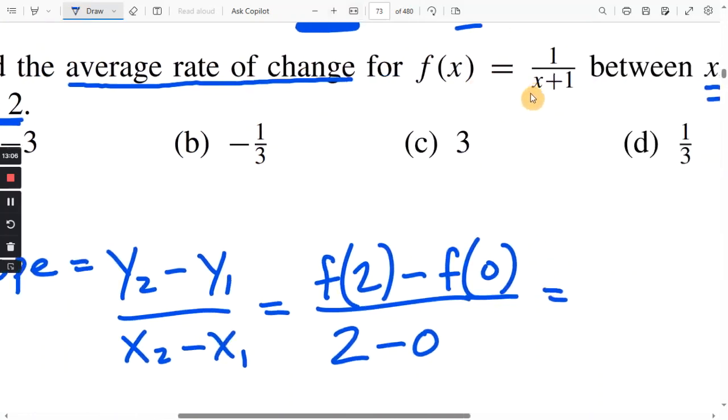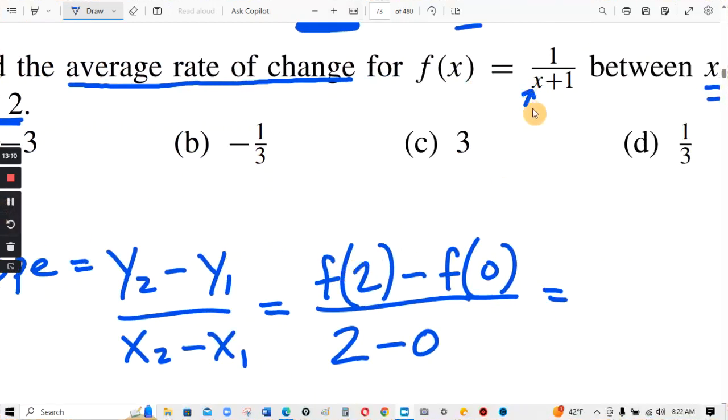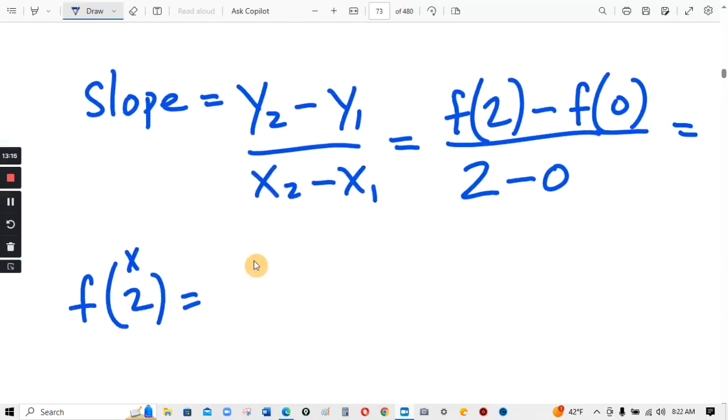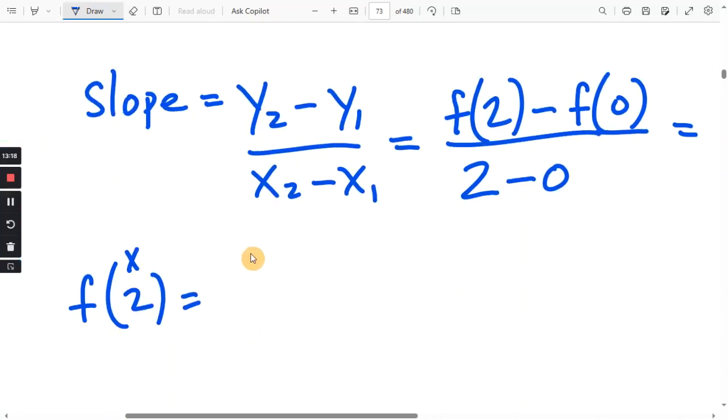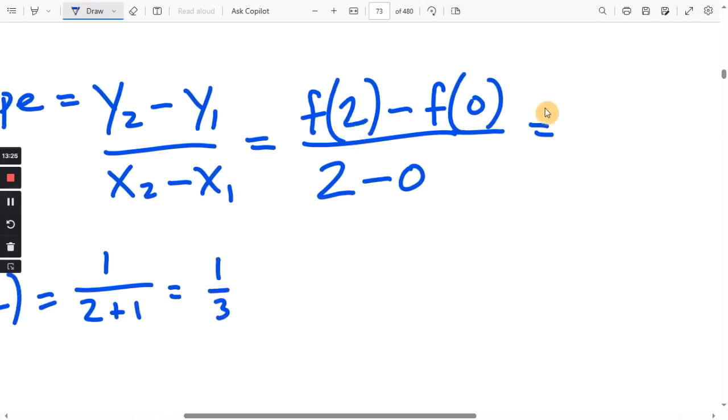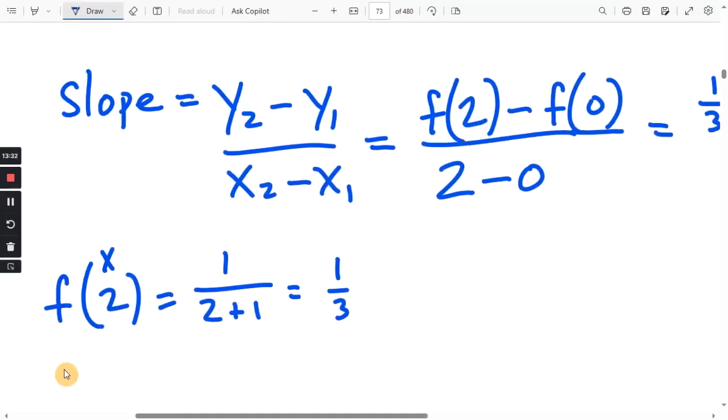All right, for f of 2, we're just plugging in the 2, so it's going to be 1 divided by 2 plus 1. So, of course, that's just 1/3. All right, in place of f of 2, I'm going to write 1/3. And that's minus f of 0.